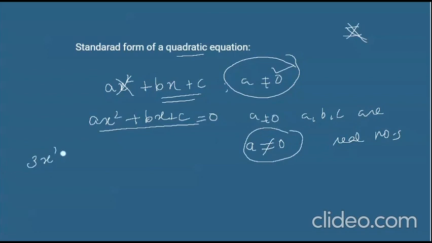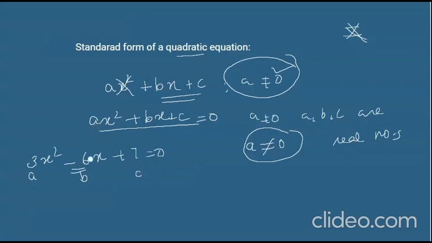See, 3x square minus 6x plus 7 is equal to 0. This is an example. Here a is equal to 3. And what about b? b is equal to minus 6 and c is equal to plus 7. So when you are stating the constants or the real numbers, you have to state them with the sign.